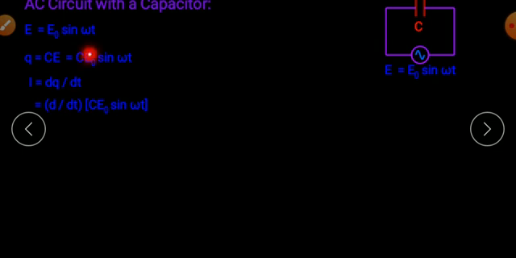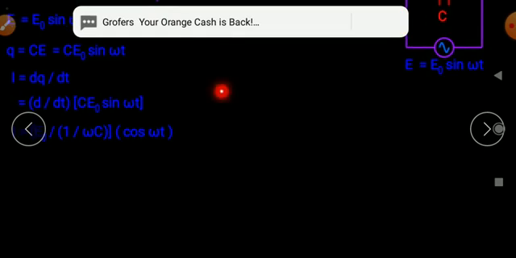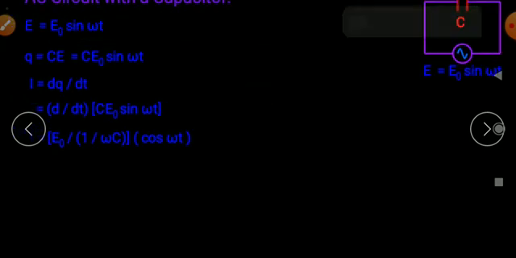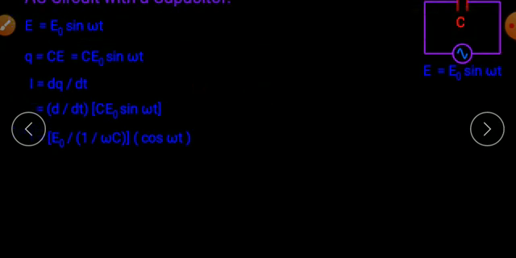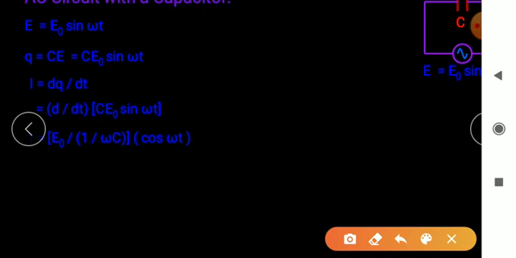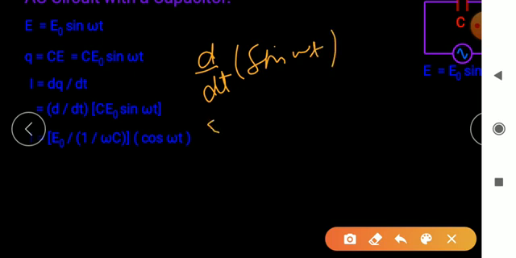We know that d over dt of sine omega t equals omega cos omega t.